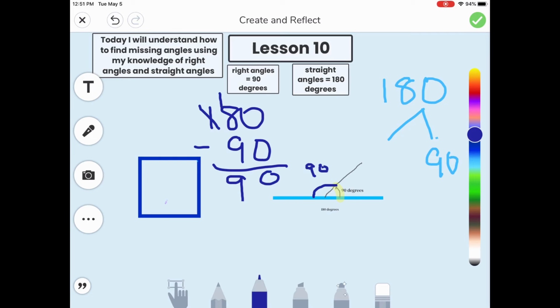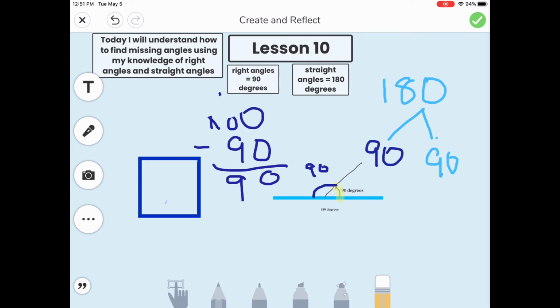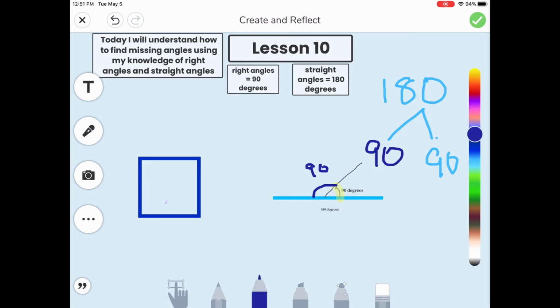If you noticed, I'm not the best at drawing, and this should actually be more like a half than off to the side. So let's just verify that I did my math correctly. When given a 90-degree angle, if we add another 90 degrees, it would equal a straight angle, which would be 180 degrees.